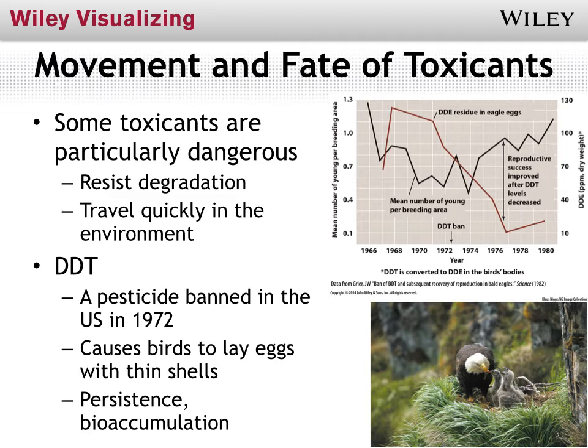Again, thanks to people like Rachel Carson, we learned that DDT was a pretty bad chemical because it, as above, resisted degradation and was able to move quickly through the environment, and was finally banned in the United States in 1972. By this time, the eagle population had been declining pretty rapidly, and we finally figured out why. It was because of DDT.